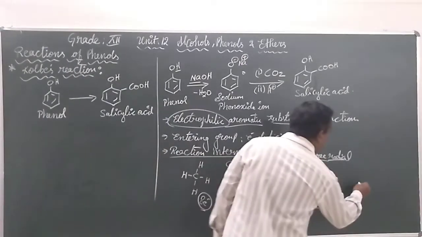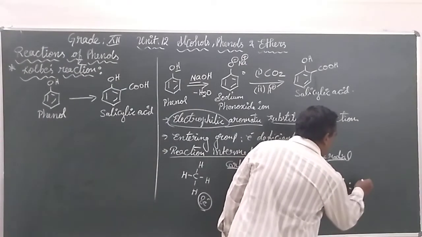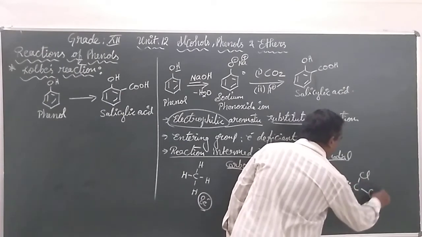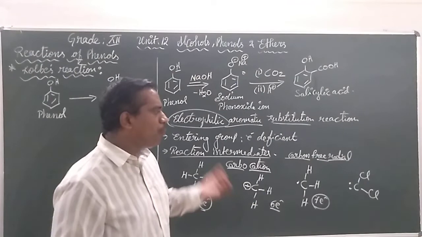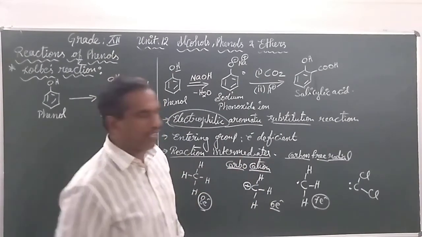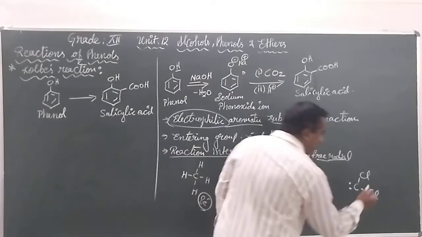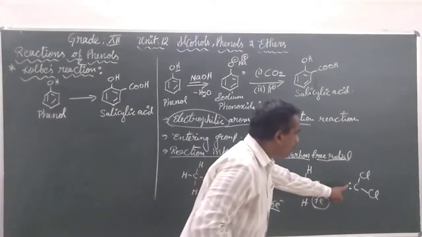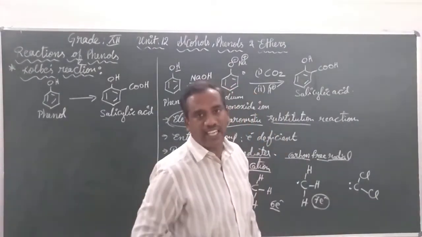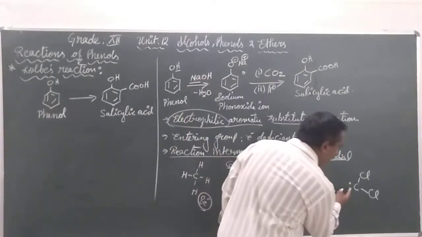Now we are going to study a carbon that has only 2 bonds with some group of atoms, like the chlorines given here. 2 bonds means 4 electrons, and it has 2 free electrons. These 2 are free electrons.